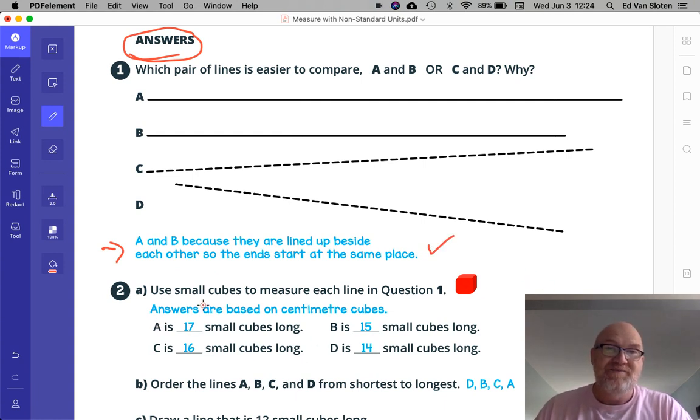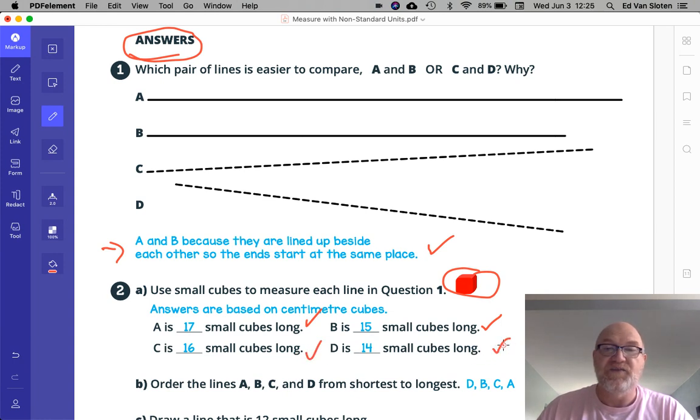Now, use small cubes to measure each line in question 1. I tried to make my red square about that big, but I think mine was a little smaller because they say A is 17. So A is the longest. B is 15. C is 16.